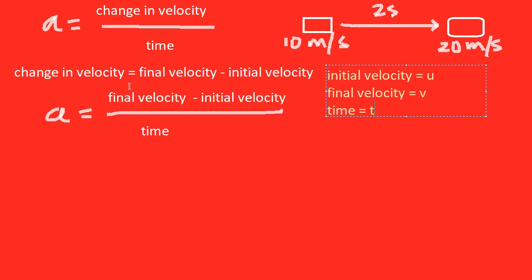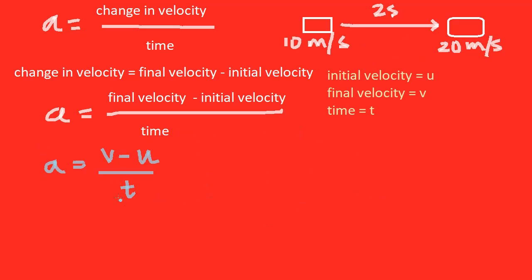So if we replace these terms with these symbols, we get a equal to v minus u, divided by t. That can be taken as a formula for calculating the acceleration of a body in non-uniform motion.